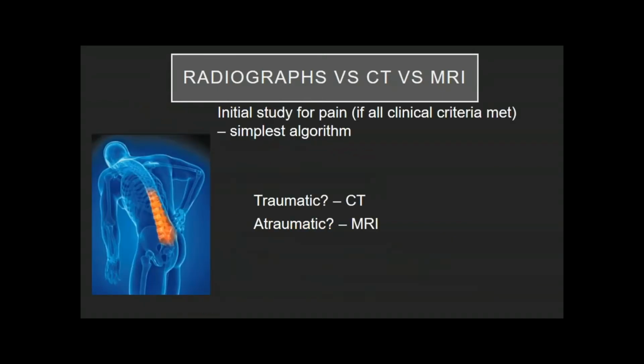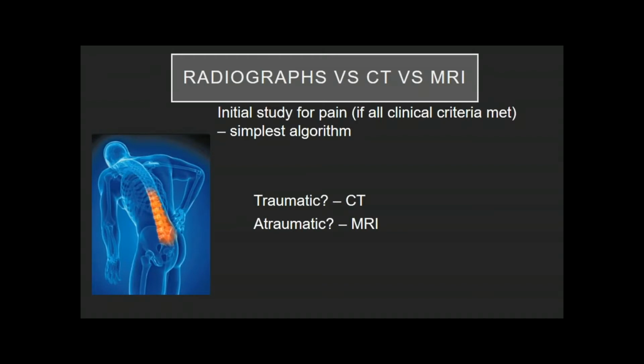Okay, so just to simplify what I just said, patient comes in, they have pain, and they've met all the clinical criteria to get an imaging study. The simplest algorithm for you to remember is, did they have trauma? If they had trauma, get a CT, because you don't want to miss any subtle fractures.